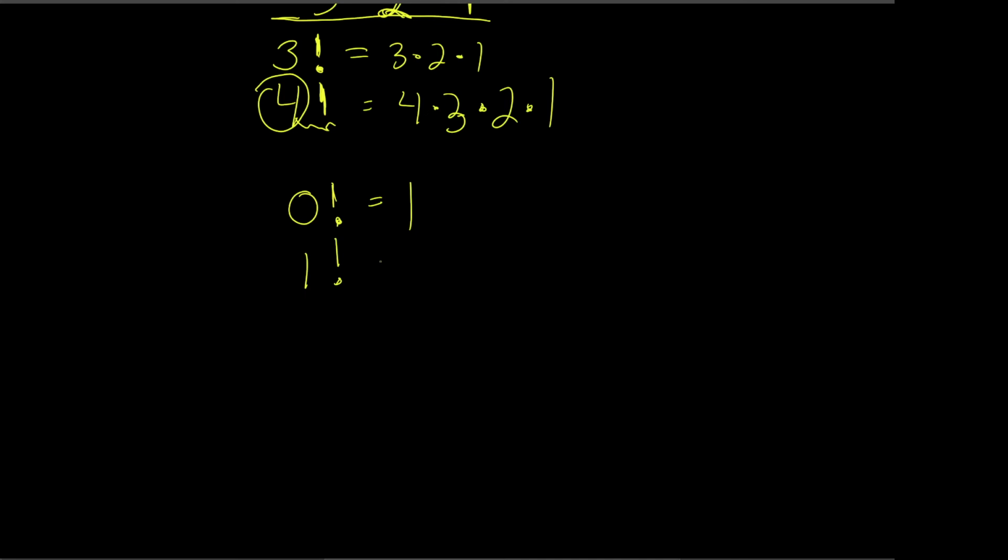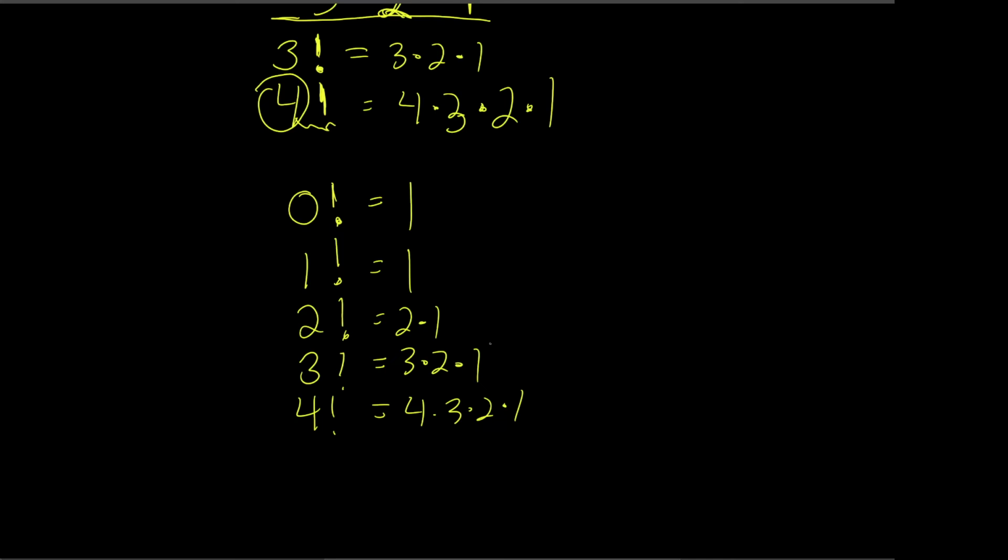So we define our factorial where 0 factorial equals 1, 1 factorial equals 1, 2 factorial equals 2 times 1, 3 factorial equals 3 times 2 times 1, 4 factorial equals 4 times 3 times 2 times 1.